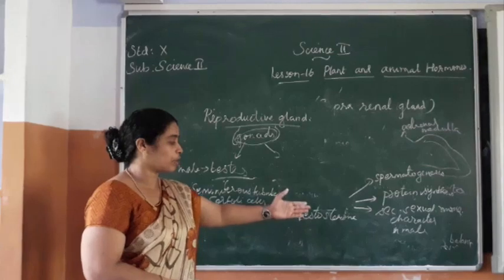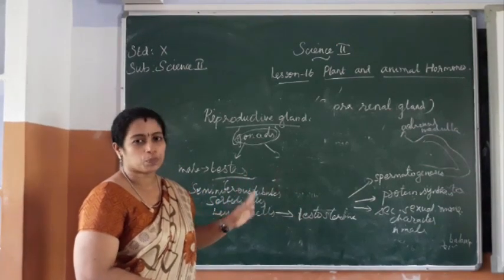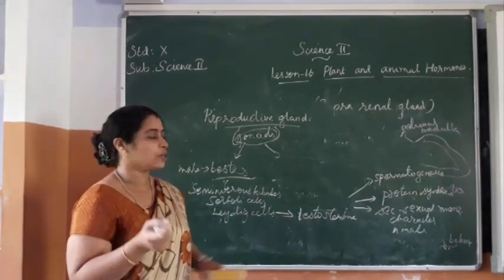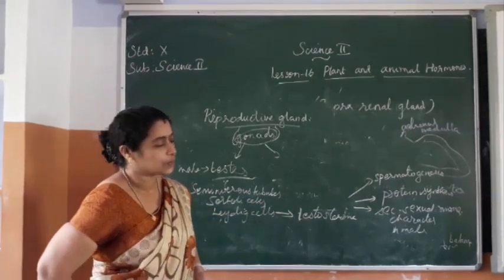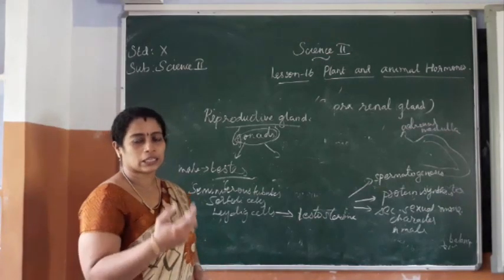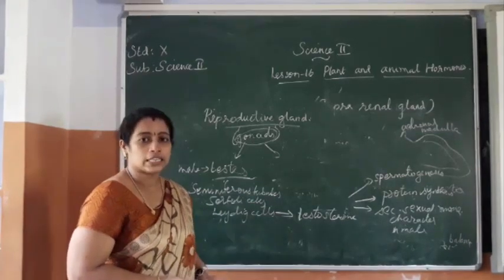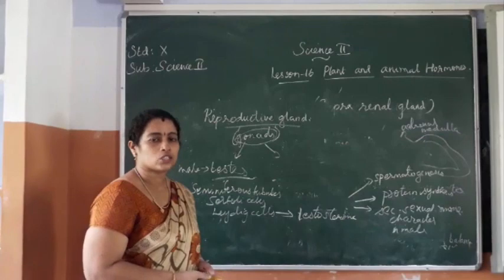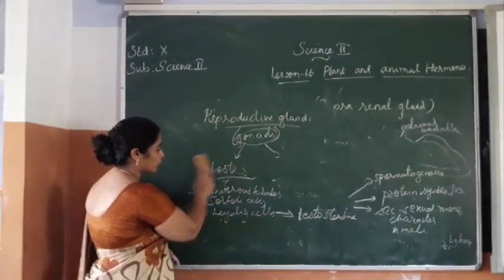It helps in spermatogenesis, the process of formation of sperm. Second, it helps in protein synthesis. Next, secondary sexual characters appear in the male with the help of testosterone. So these are the different functions of testosterone. Next, we are going to study about the female gonad, that is ovary.